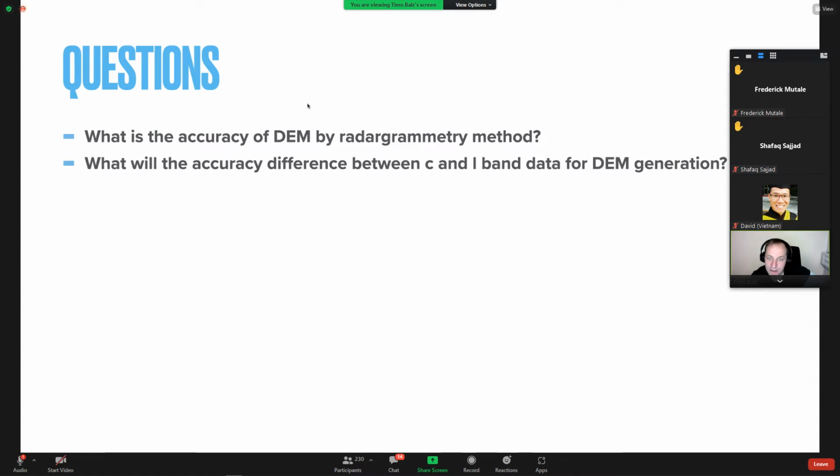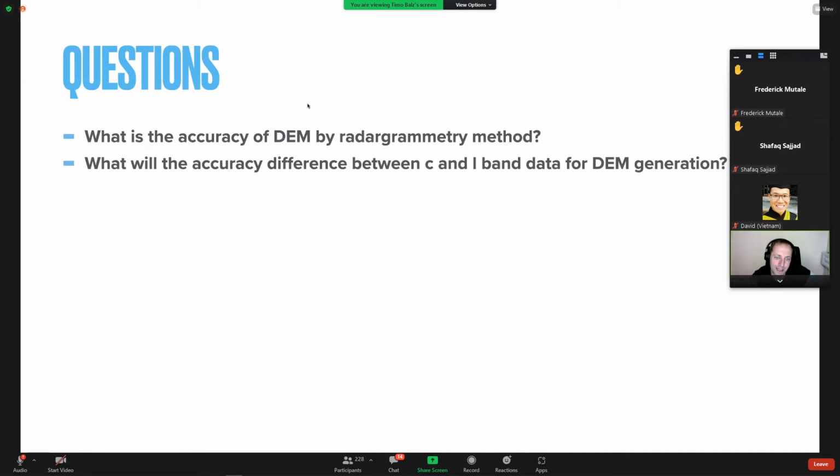Now, what will the accuracy difference between C and L band data for DEM generation be? Which way of DEM generation would be the question, right? In radargrammetry, it would depend not on the wavelength, but rather on the pixel size. However, in interferometry, in theory, C-band will give you higher accuracy than L-band because it's a shorter wavelength.